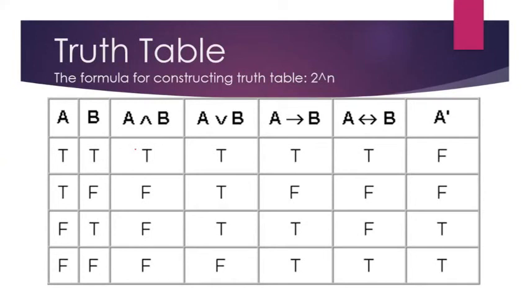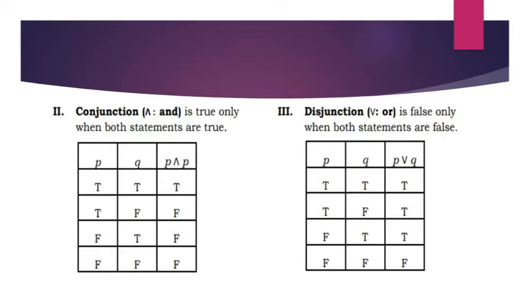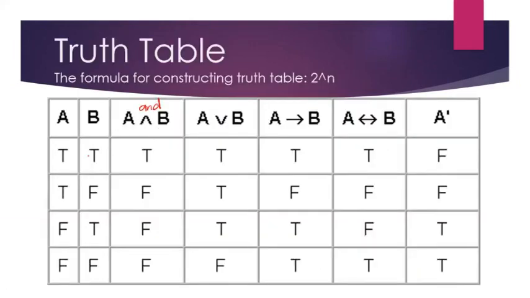Now, let's start with A and B. Ito, di ba AND to? If iyan yung AND, ano nga yung sa AND? Dapat, magiging true lang siya if both statements are true. Dito ang kinumpare or kinumbine si A at saka si B. Tingnan mo to, isa-isa.